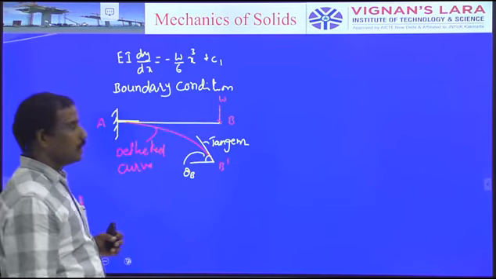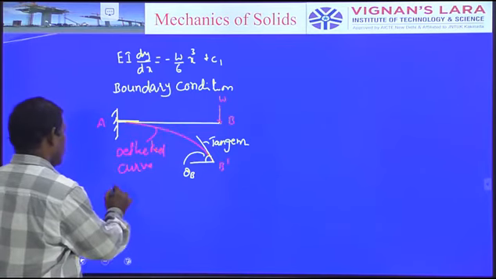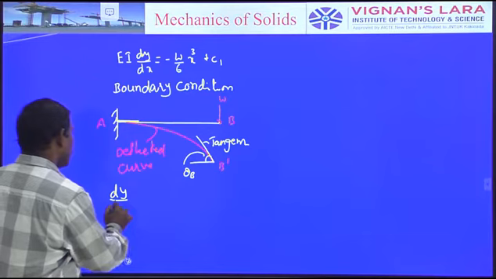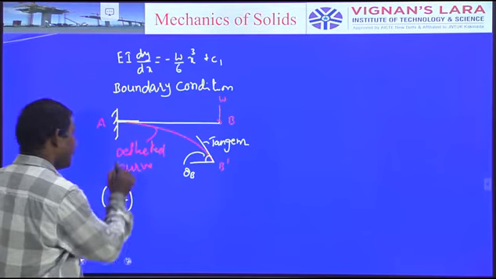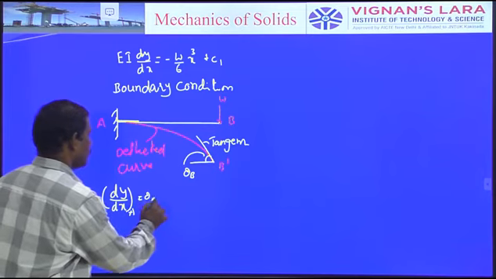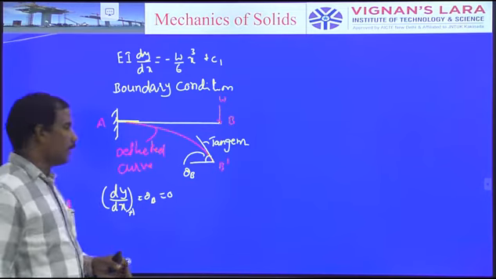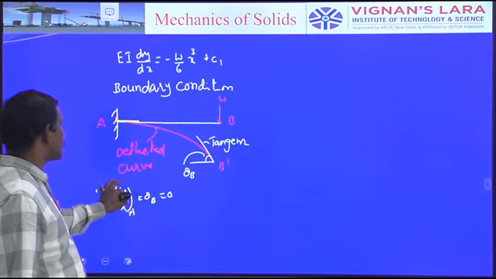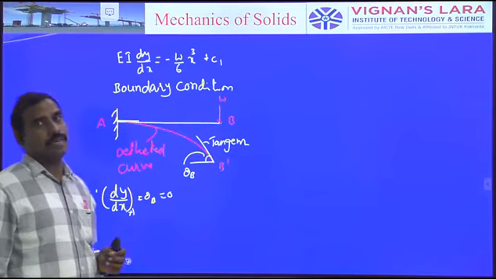It means the slope dy by dx at A, say theta A, is equal to 0. From the boundary condition, the slope is 0 at a fixed end.